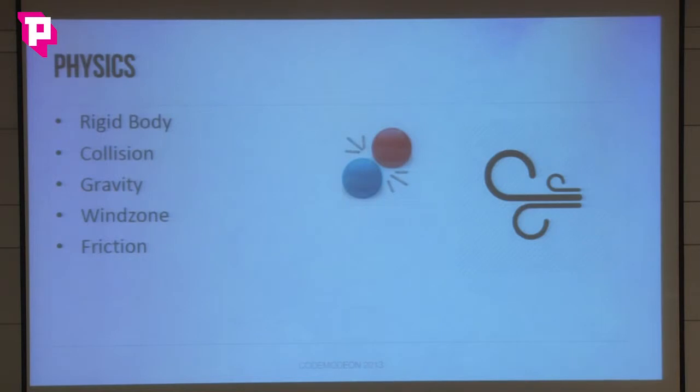So if you draw a sphere and you want to throw it in a soccer field, you need to use gravity, friction, maybe some wind is around there, so the object needs to be moving with the wind. And at the same time, maybe an object is just colliding with another object. So these are the basic terminologies used for physics.